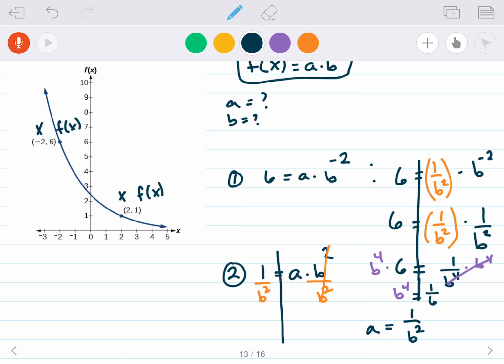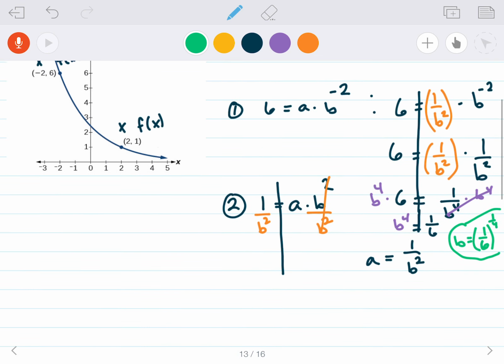And finally, to get b alone, I can take the 4th root of both sides. So b is going to equal 1 over 6 to the 1 over 4. Okay, and that's a number. Whatever number that is, I'm not sure, but it's a number.